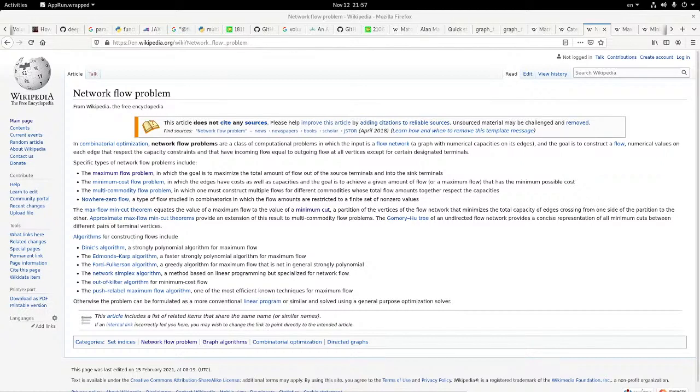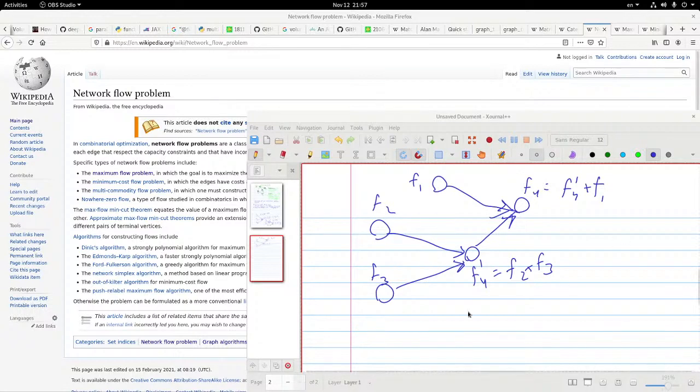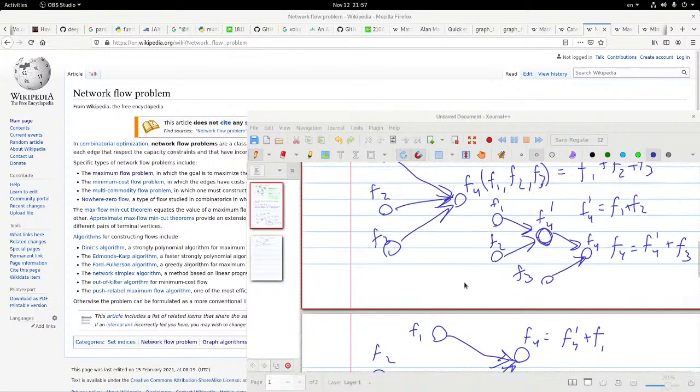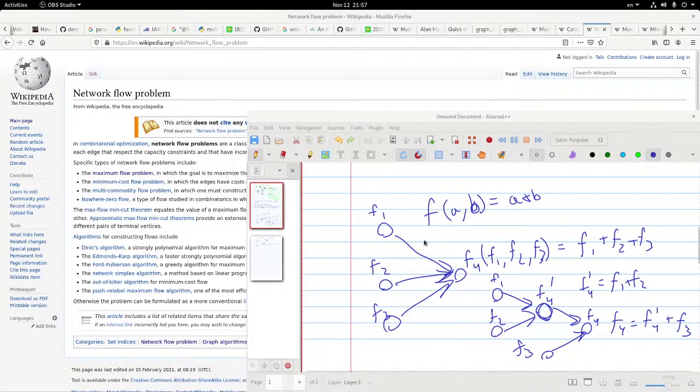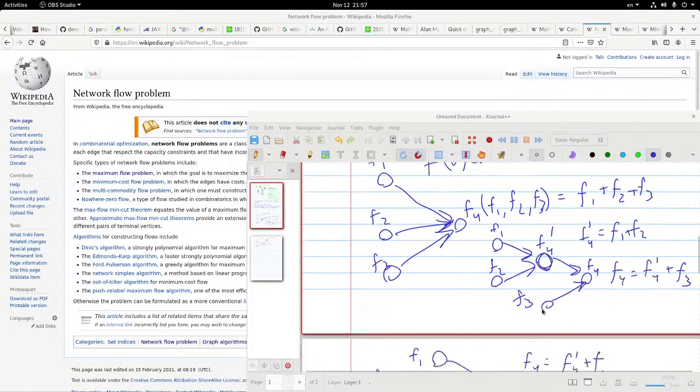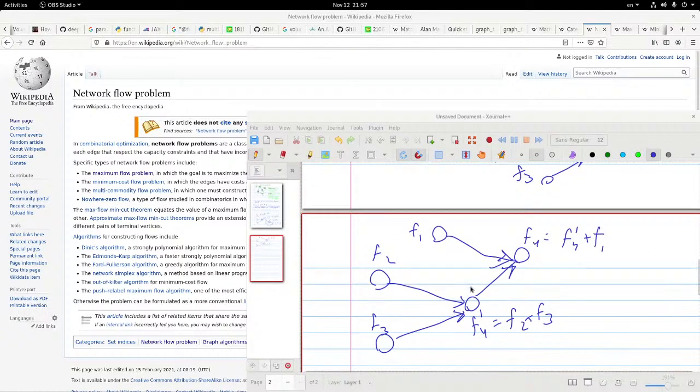But yeah, so I don't think that this would be a network flow problem, at least from what I'm reading here. Oh, I just realized. Okay, well, I was saying that you can formulate it like this, and then you can formulate it like this, where you split it up like that, or you can split it up like this.